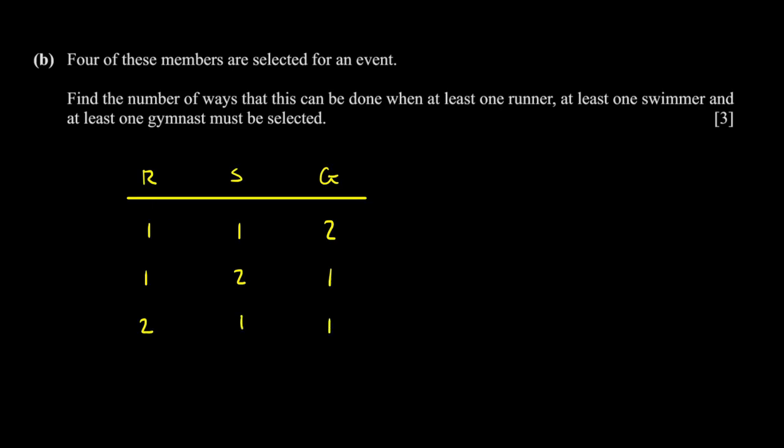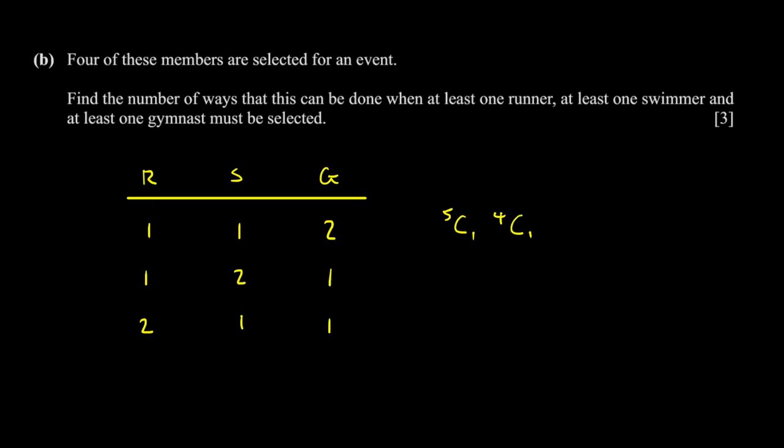Now I've got to ask myself, how many ways could I choose 1 runner? There are 5 runners to choose from, so that'd be 5C1. I'm choosing 1 runner out of 5. How many ways could I choose 1 swimmer? There are 4 swimmers, so that would be 4C1. And how many ways could I choose 2 gymnasts?